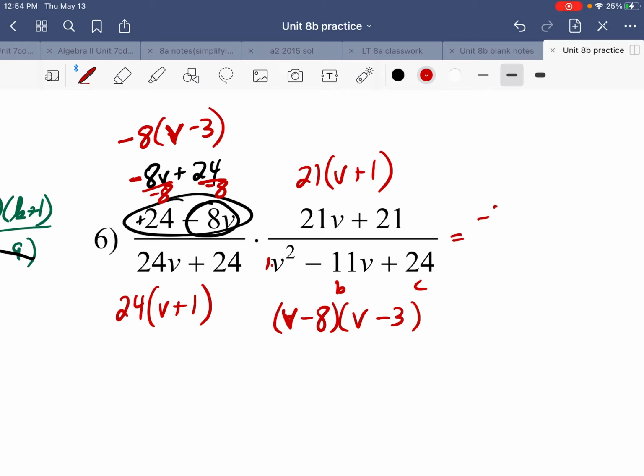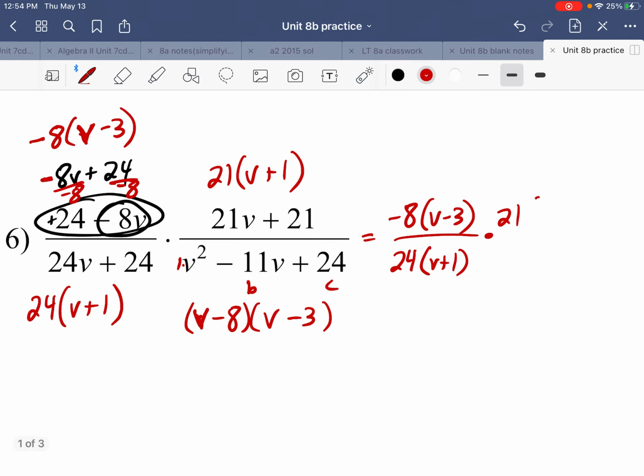Let's rewrite what we have so we can kind of make some sense of it. First numerator, first denominator, second numerator and second denominator. Oh my goodness.